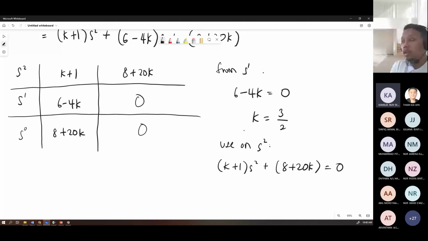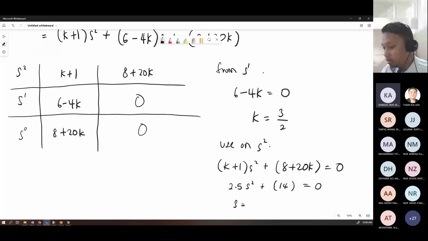Okay, substitute K equals 3/2, and then find S. So S should be plus minus 2.37j.